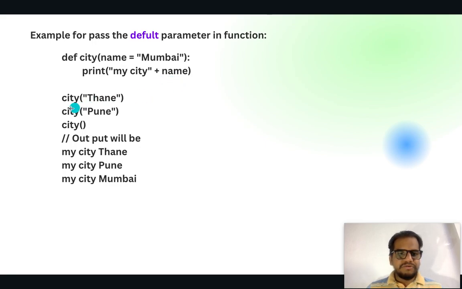So city Thane, city Pune, and city blank. We are calling the blank function also. So first we call the city function with the argument Thane, string we are passing Thane. Again city string passing Pune. So the output will be my city is Thane, my city is Pune, my city is Mumbai.